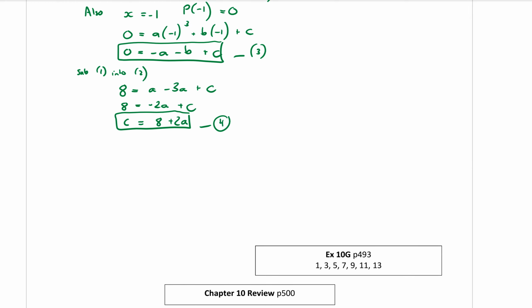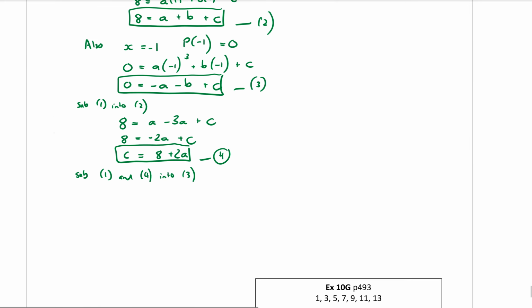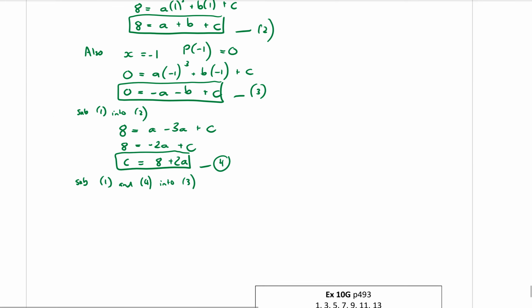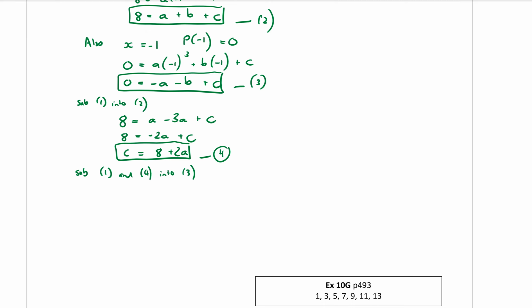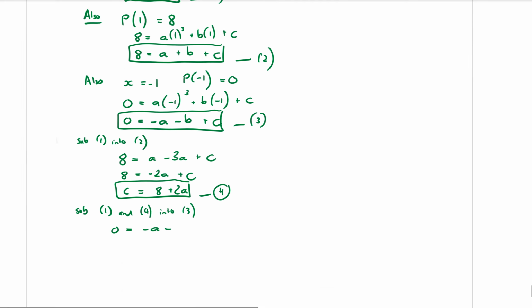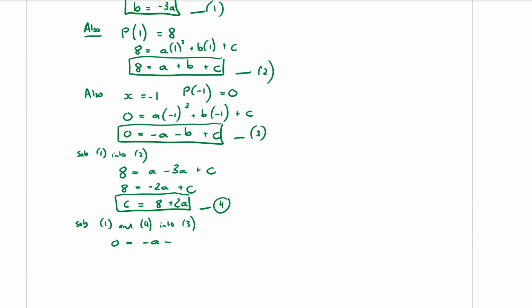We can also sub equation 1 and 4 into equation 3. Okay, so that's a bit tricky. We have equation 3, which was 0 equals minus a, and then minus b, but instead of b, we're subbing in -3a, so that will become plus 3a.